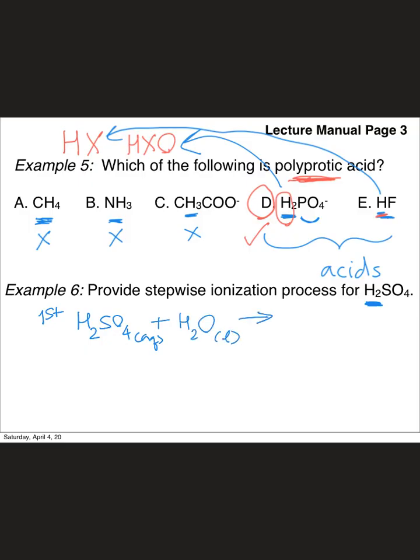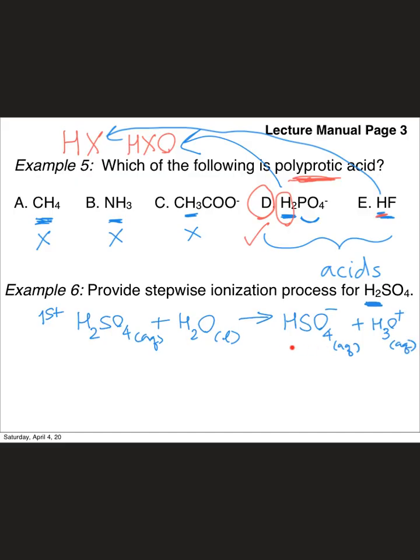We are going to learn about this later, but sulfuric acid is one of the strong acids. So the arrowhead used for a strong acid would be one arrowhead, and it's going to ionize, giving off one hydrogen to water and becoming hydrogen sulfate. And the other species is hydronium ion.